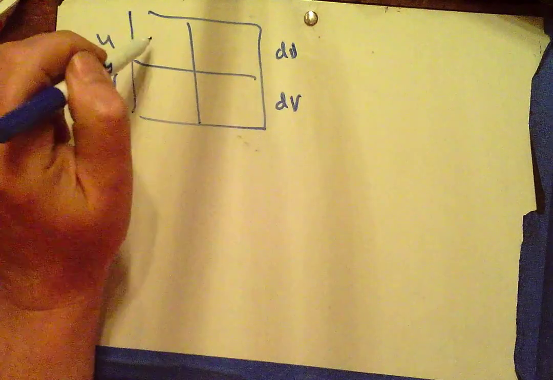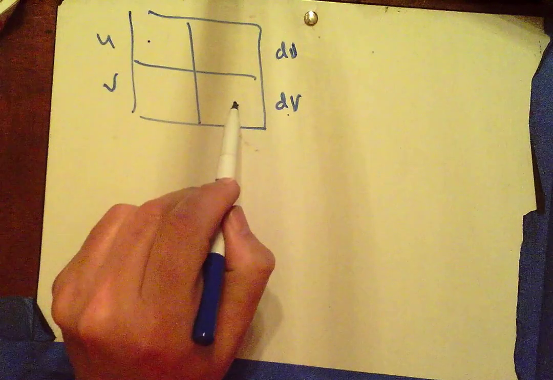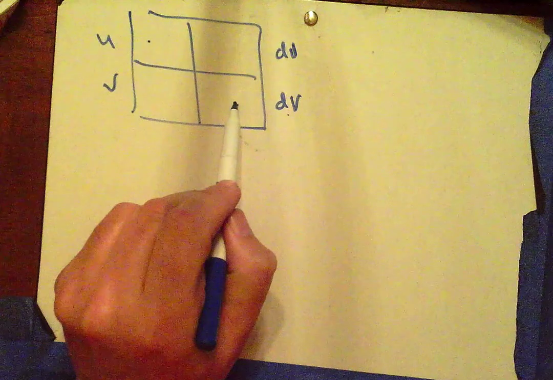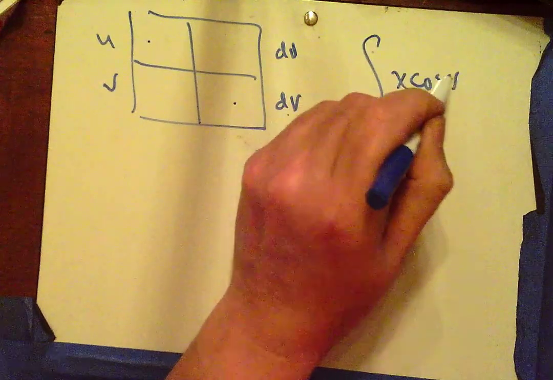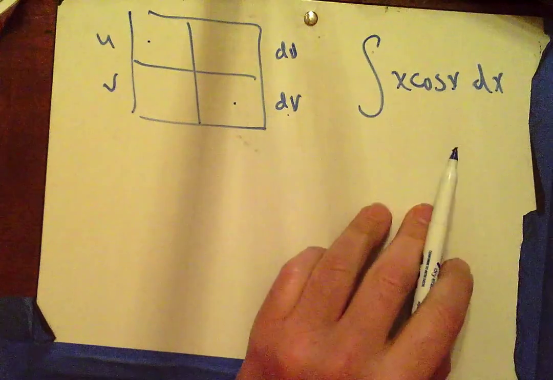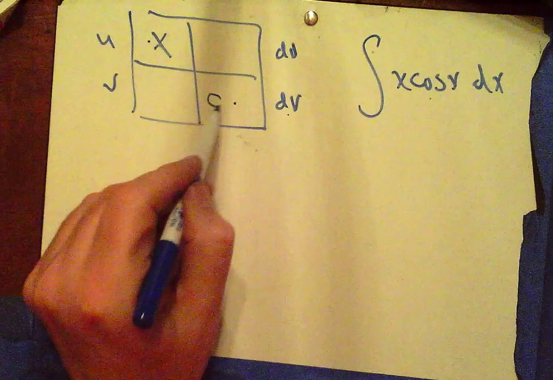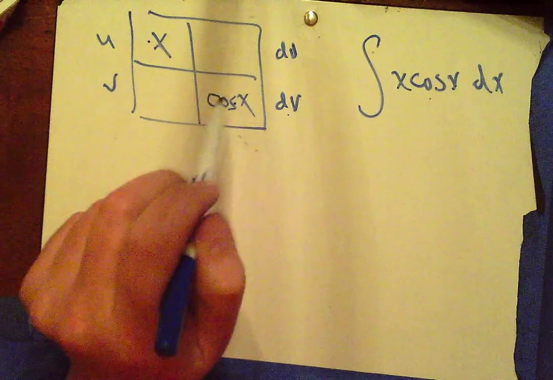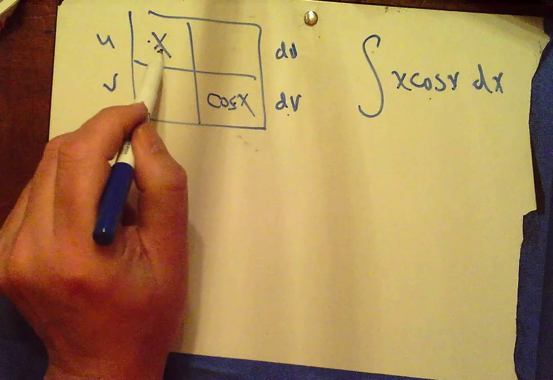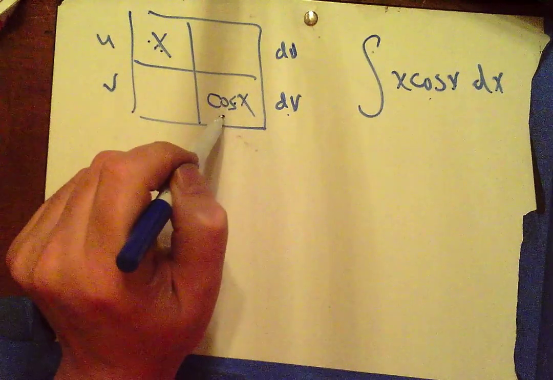So I'm putting a function here and the derivative of someone else's function here. For example, in this problem, we were just looking at x cosine x dx. I'm going to put my x here, and I'm going to put my cosine x here. I'm understanding that this is the function, and this is the derivative of someone else's function. Okay?